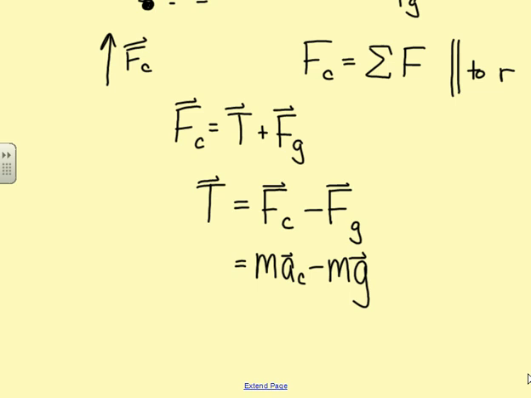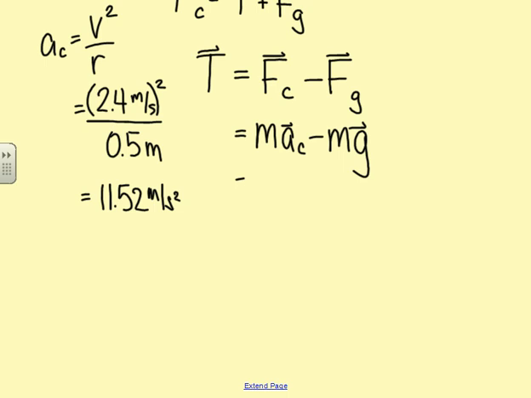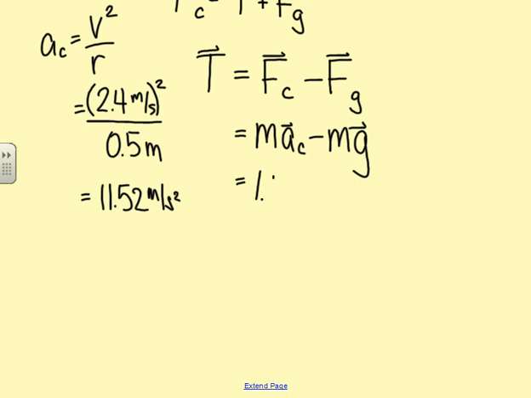So, centripetal acceleration, which is velocity squared over radius, is equal to 2.4 meters per second, squared, divided by 0.5 meters. That gives us 11.52 meters per second squared. So plugging numbers in here, the mass of my object is 1.13 kilograms.